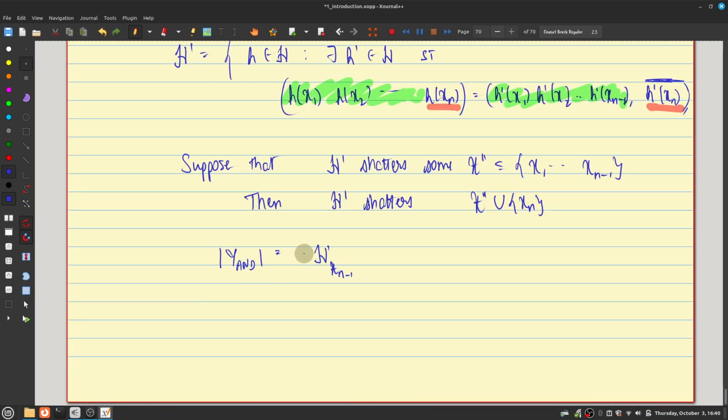So the number of elements in this set y and is equal to the number of elements in the restriction of h prime onto xn minus 1. But how many elements does xn minus 1 contain? Less than n, right? It contains n minus 1 elements. Now I can use the induction step.